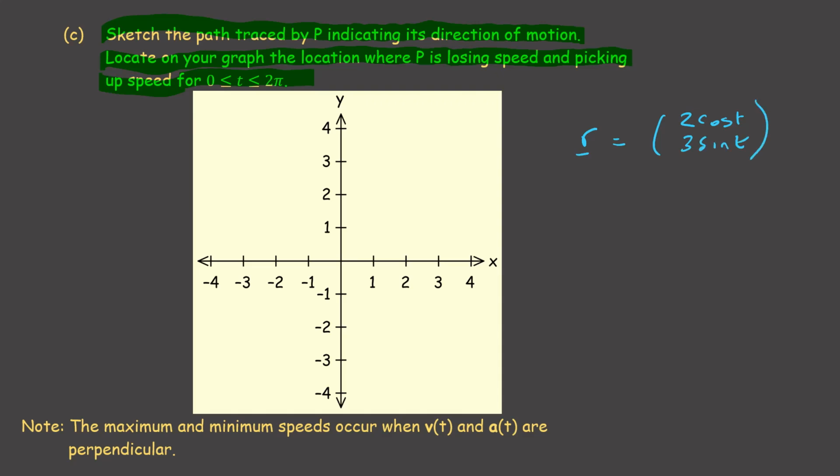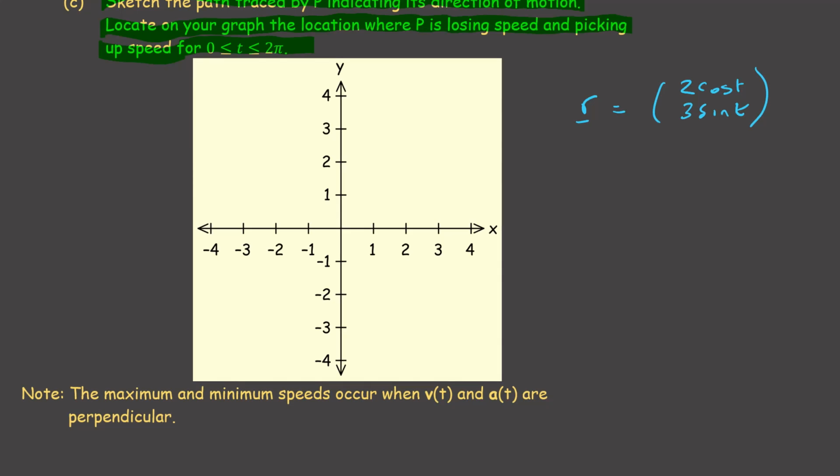At t equals 0, it would be at (2, 0), so it's going to start here. At t equals pi by 2, it would be at (0, 3). And we can then see that it's going to go here and here, and so we have an ellipse like so.